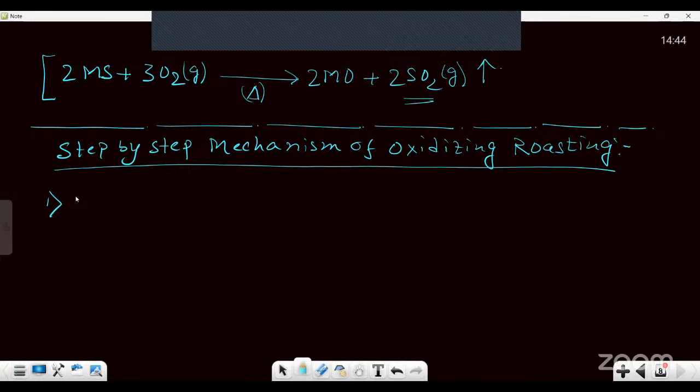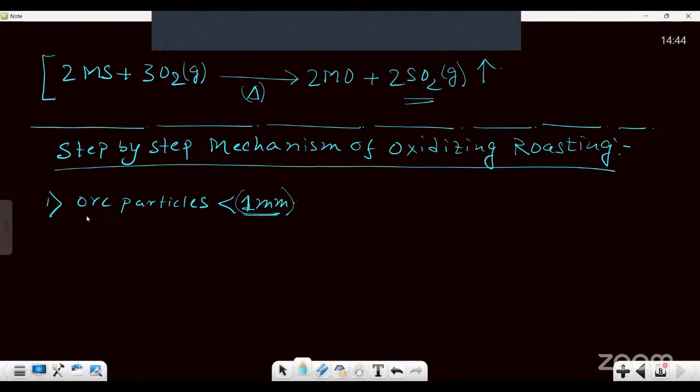While we are roasting the ore, the size of the ore particles should be less than 1 millimeter. That means comminution comes into the picture first. Before we start anything, we should reduce the size of the particles.